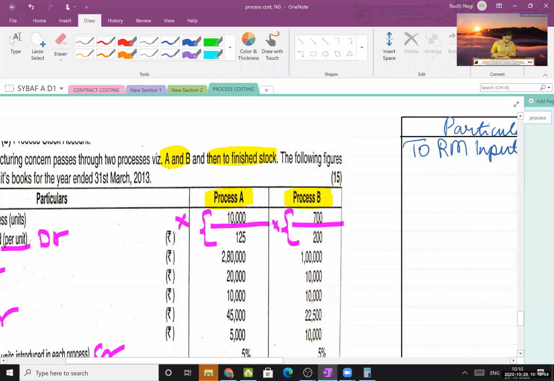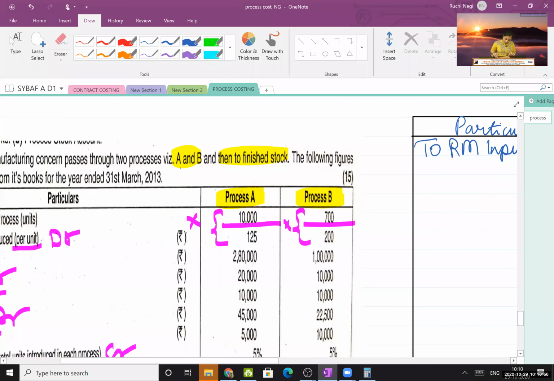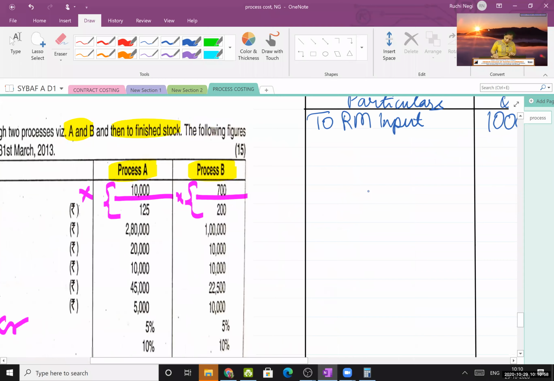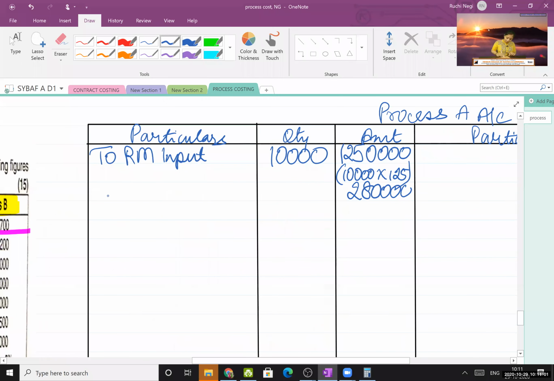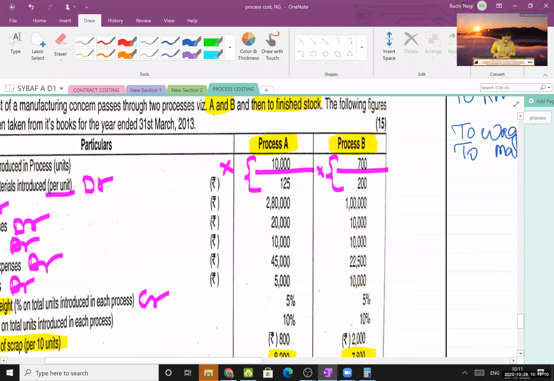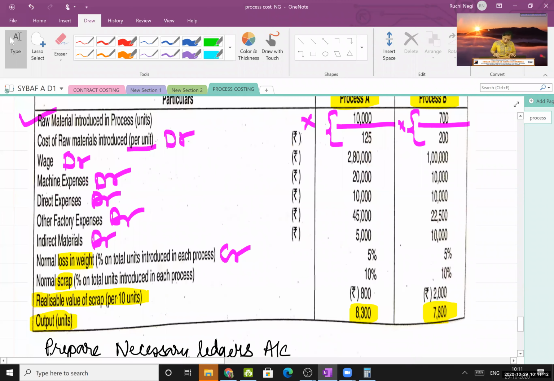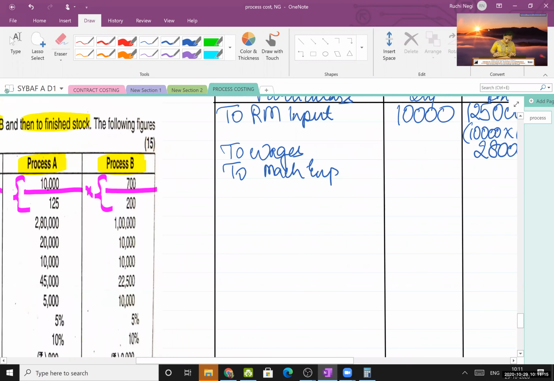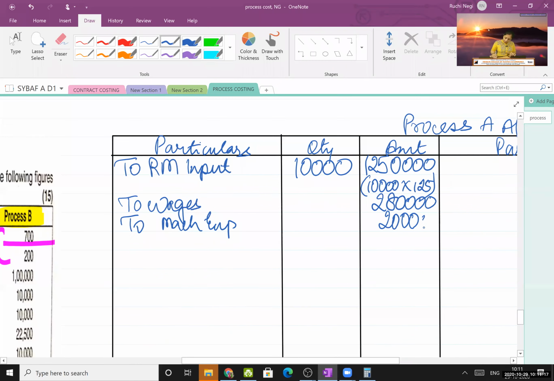ठीक है? Next. Wages 2 lakh 80, 2 lakh 80,000 wages. Then machine expense. How much? Machine expense 20,000 and direct expense 10,000. Okay.